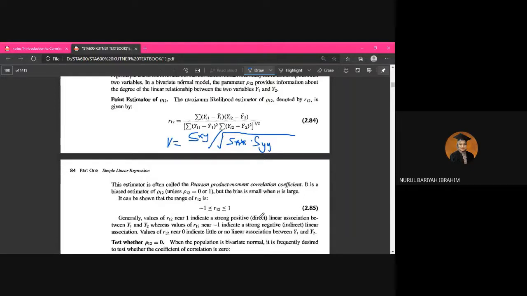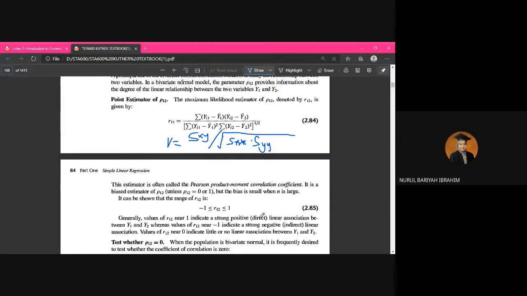Okay, if R equals 0, it means that there is no correlation between the two variables, which are X and Y. Later, in multiple regression, we can check the correlation between X1 and X2. So at this point, I just explain on X and Y first, okay?